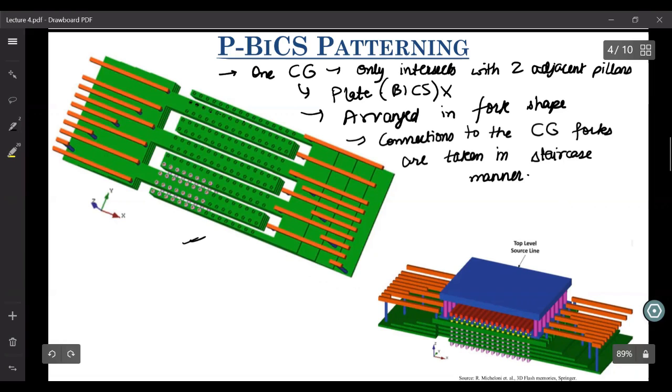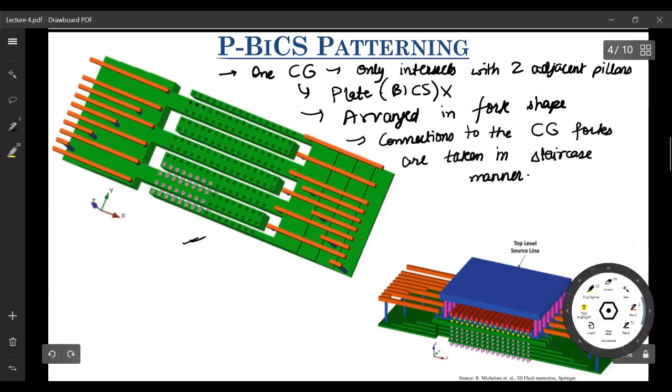So here also you have that staircase connection, and then you just take vias and connect one metal line to that, and you access those different control gate forks instead of control gate plates, which was there in your BICS.